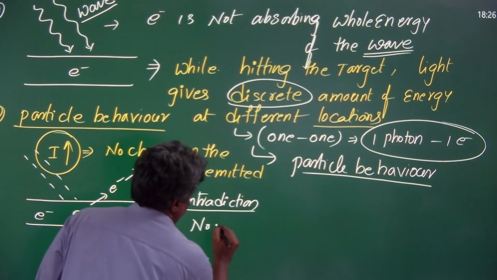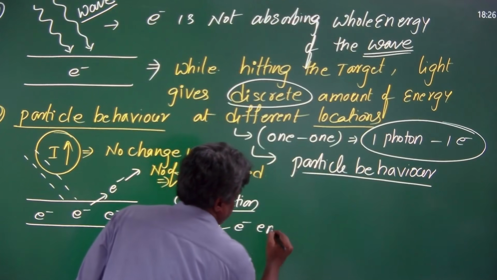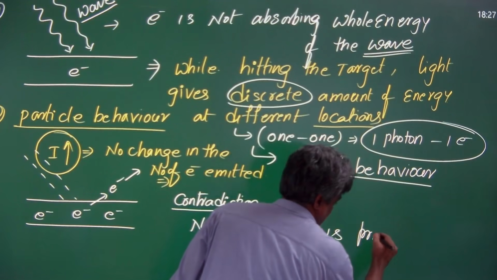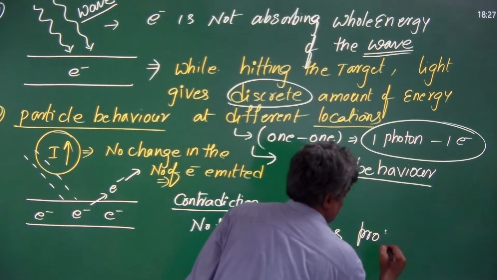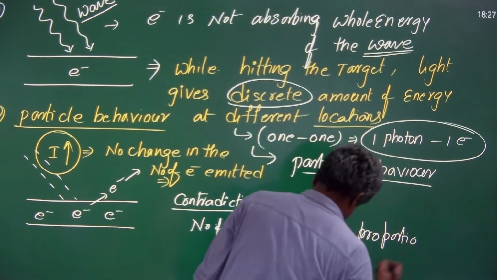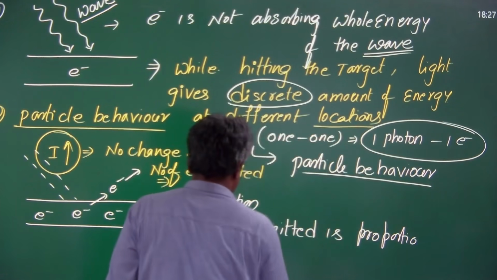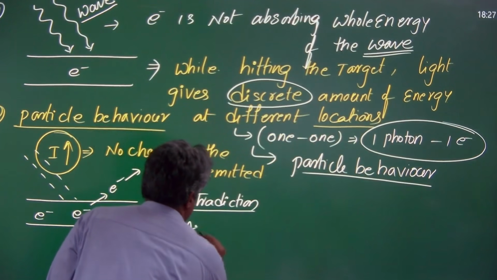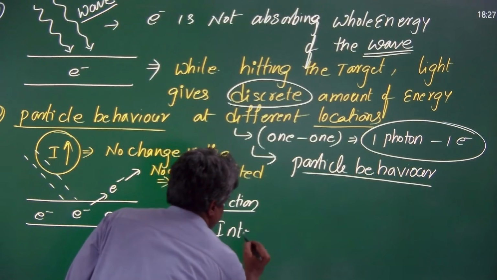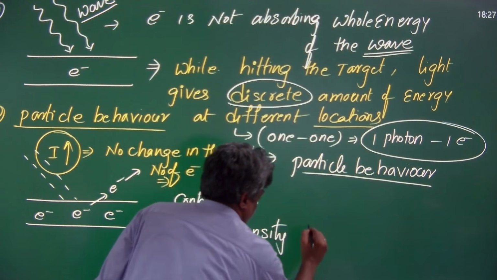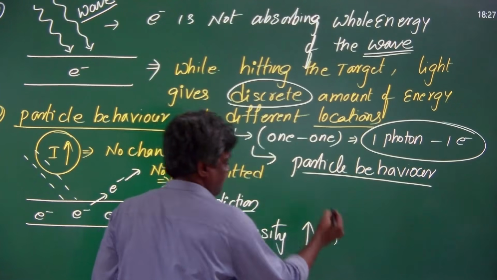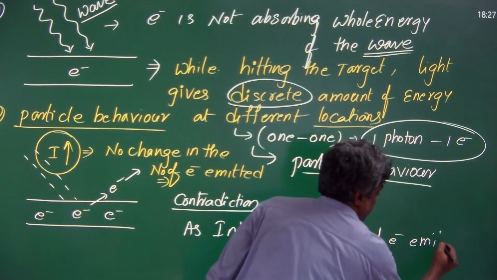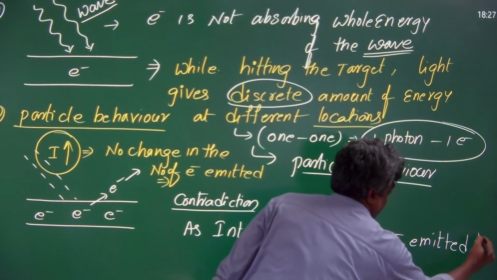The number of electrons emitted increases as the intensity increases.